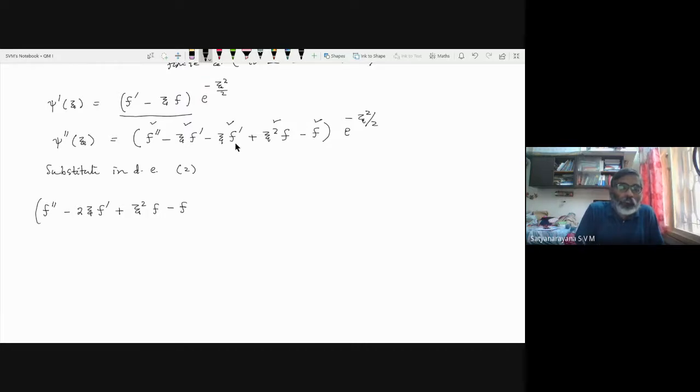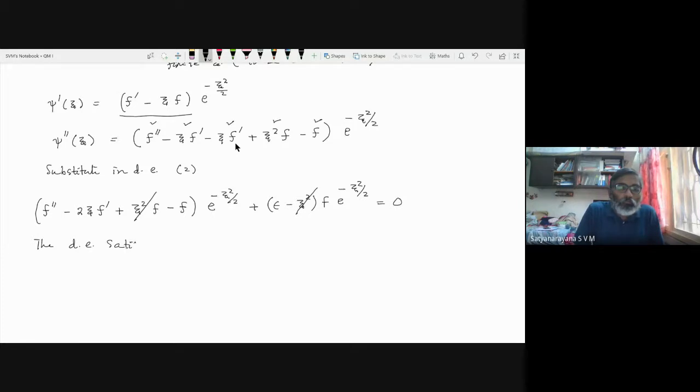This is my second derivative term, into e to the minus xi square by 2, plus epsilon minus xi square into f into e to the minus xi square by 2. That is our psi is equal to 0. So you can see that this xi square f and this minus xi square f will cancel, and e to the minus xi square by 2 is a common factor which is not 0, and hence we will get a differential equation for f.